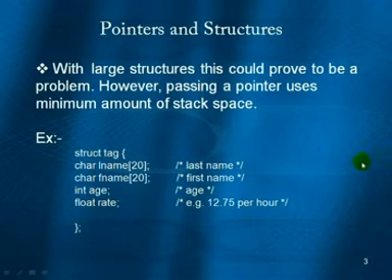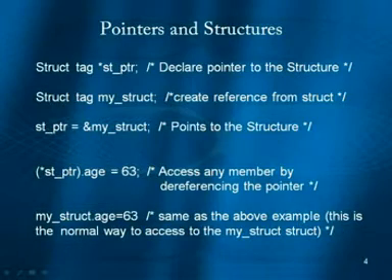Here we have an example for structures, and these are the members of the structure. Here we have some declarations. In the first example, we declare a pointer to the structure.